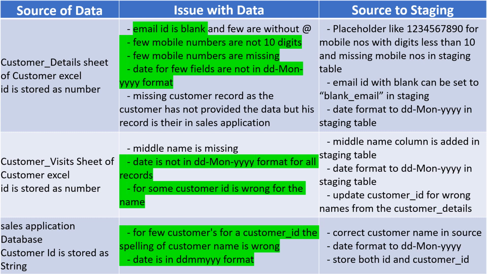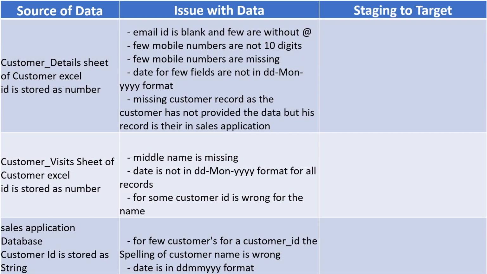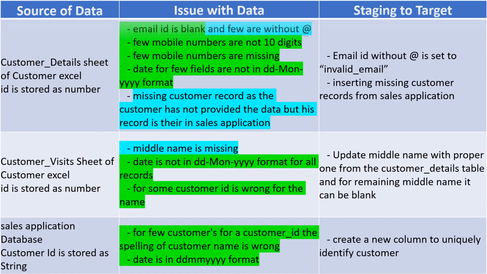With that, I'll now move to the next stage. The next one is the same thing: the source data and the issues with the data. The green ones are the ones which have been fixed within source to staging, and the blue ones are fixed while the data is being moved from staging to target.